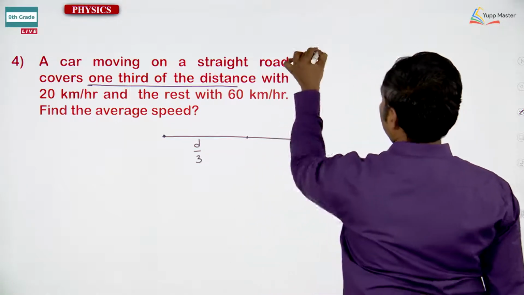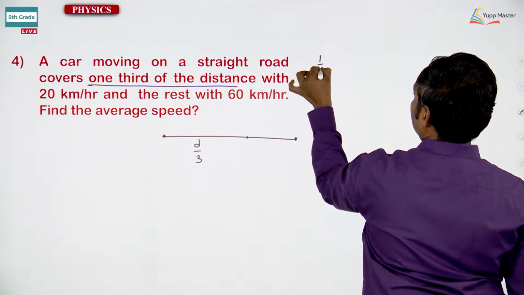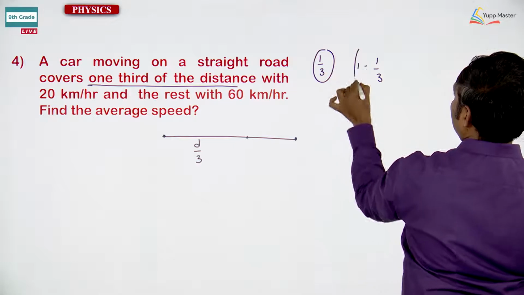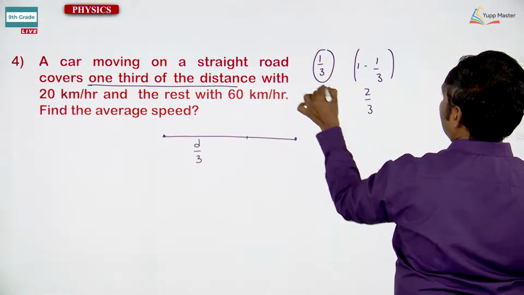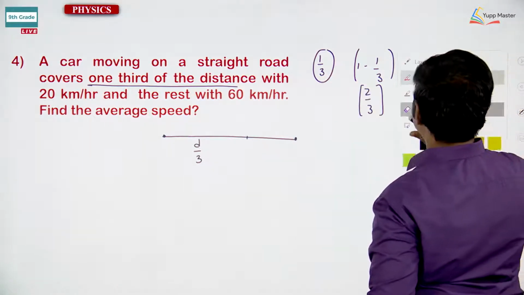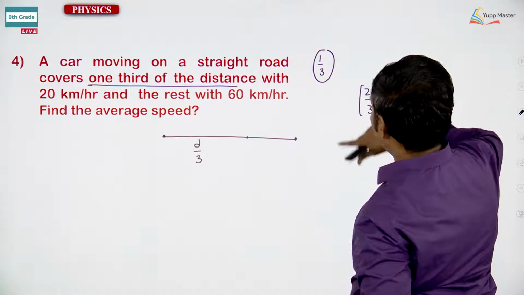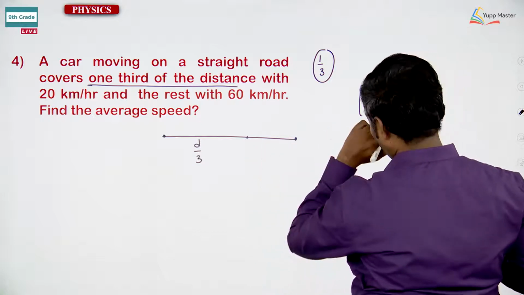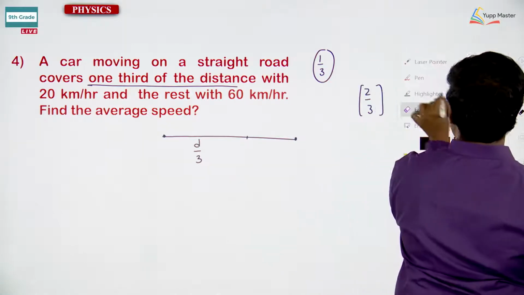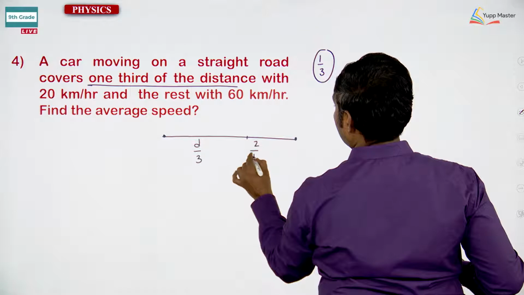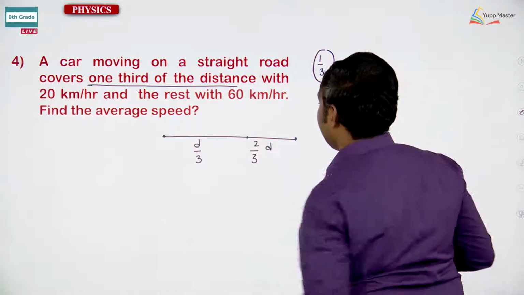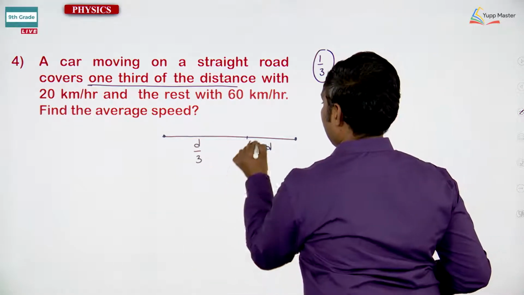The remaining is 1 minus 1 by 3, that is 2 by 3. So this is d by 3 and this is 2 by 3 d.